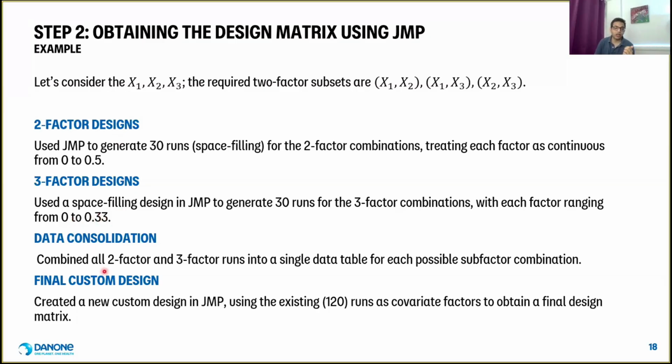Then we combined all of these treatments in one table for all two-factor and three-factor runs. And then we used the covariate factors function of the custom design module in JMP to arrive at our final design. Now let's go into detail on each of these different steps.